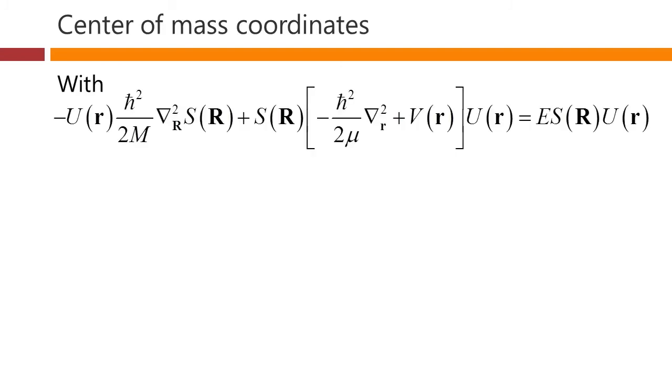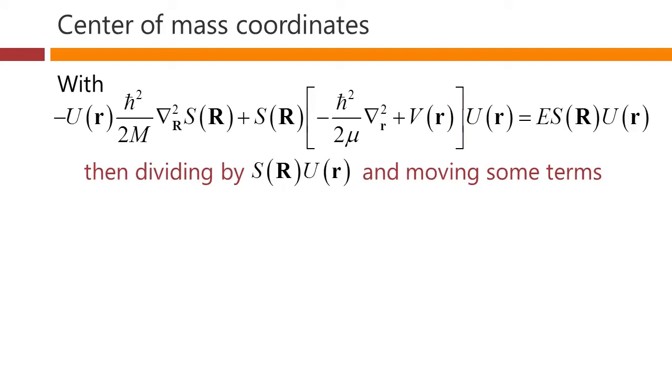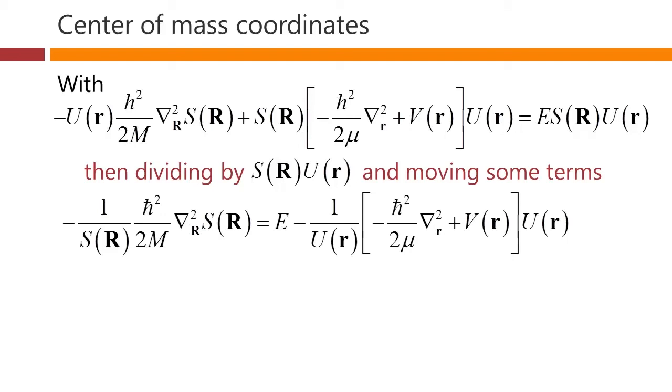So with this equation here, if we divide by the total wave function, and move some terms around, then we can get it into this form. So on the left here, we have all of this, which you'll notice only depends on capital R. And on the right, we have all of these terms, which you'll notice only depend on little r.